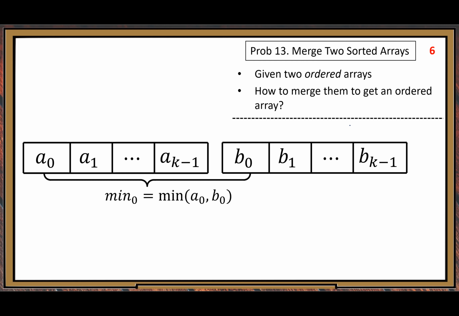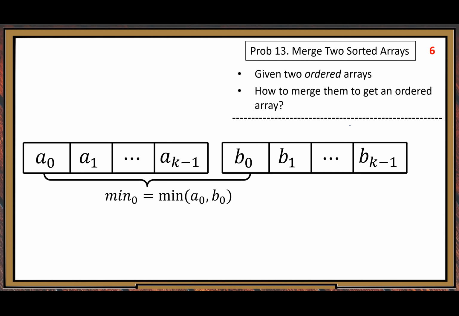The smaller one, we use this notation, min 0. That is the minimum of A0 and B0. So the minimum of the two elements should be the minimum of all the elements in these two subarrays, the absolute minimum.